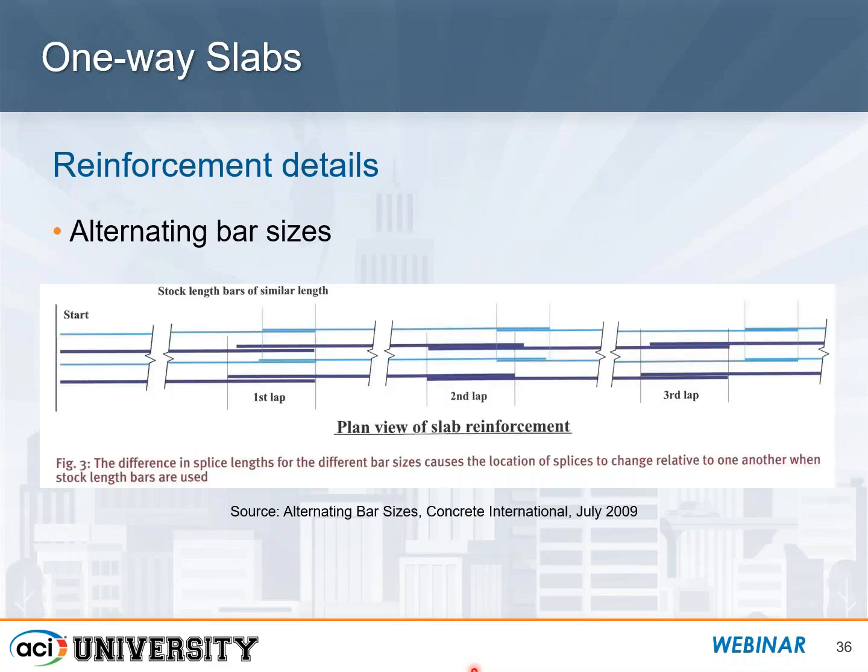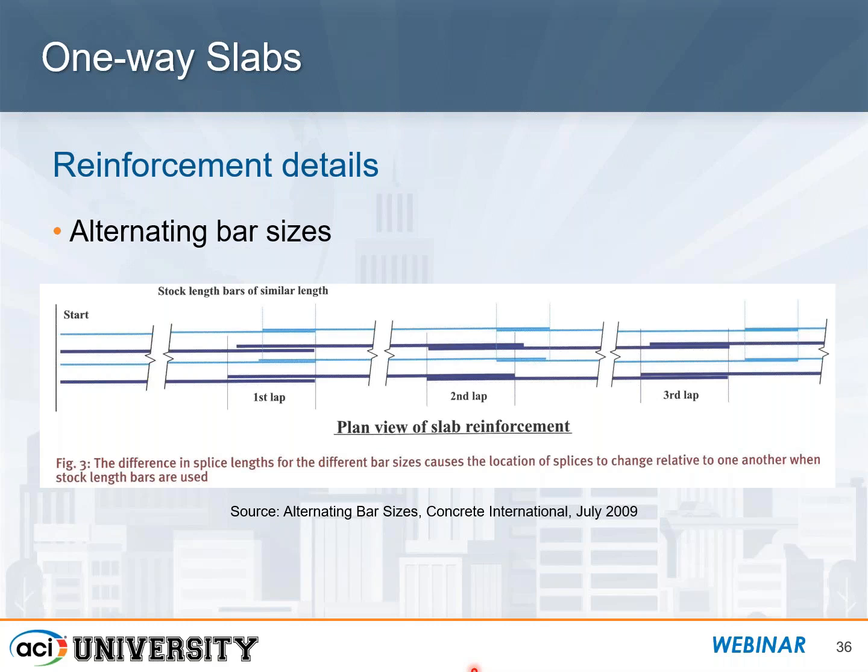Now, you don't see this very often, but some designers like to alternate bar sizes, especially in one-way slabs, to try to reduce the amount of material. Now, that's not the best practice in the world to do for a number of reasons. You have to concern yourself with a number of different bar sizes in the field.